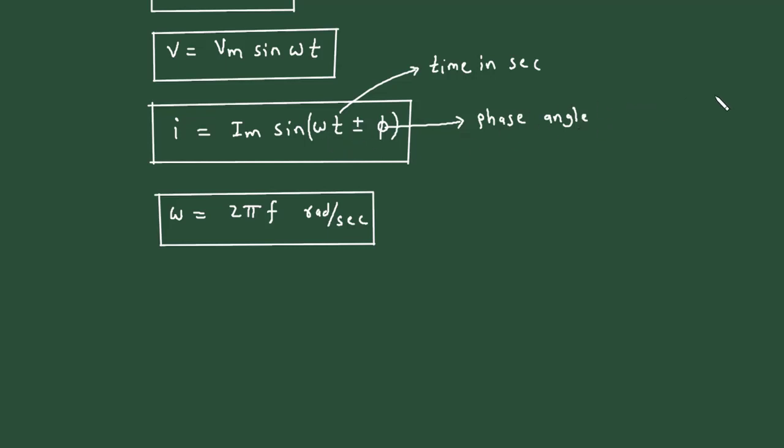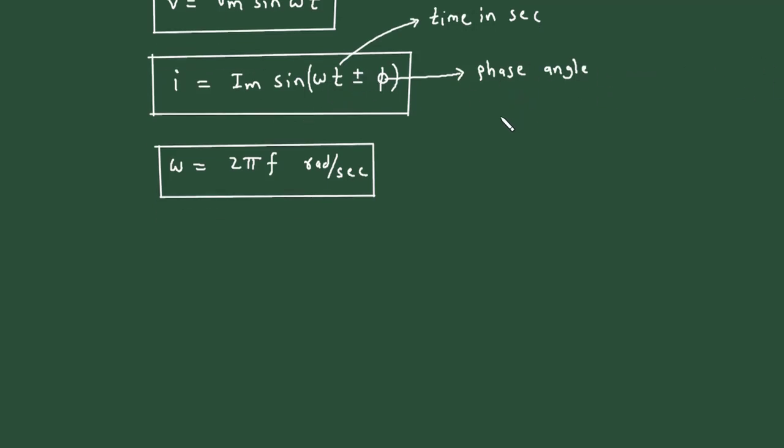For resistive circuit, phi will be 0, so we can write phi is equal to 0.